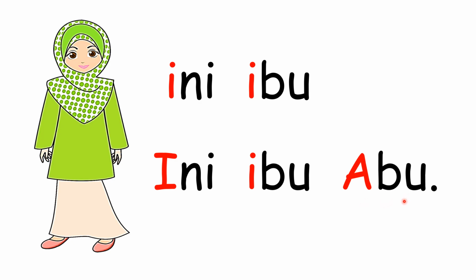So can you see the difference here? Okay, I begin the sentence with a capital letter, and I use a capital letter to begin the name, and finally a full stop at the end of the sentence to show that the sentence is finished. Let's read it again.